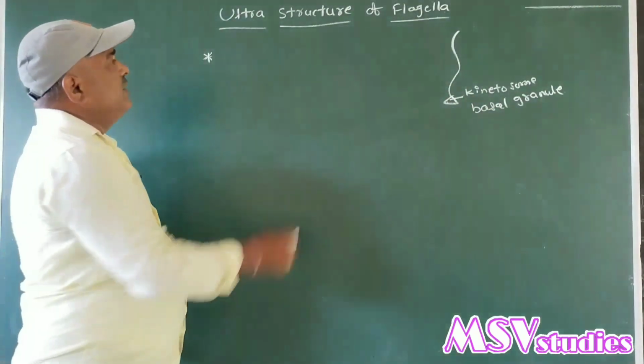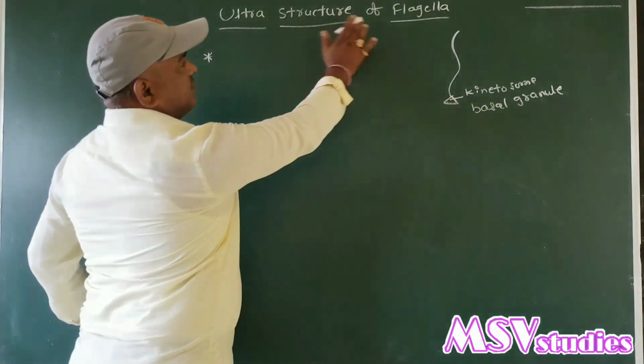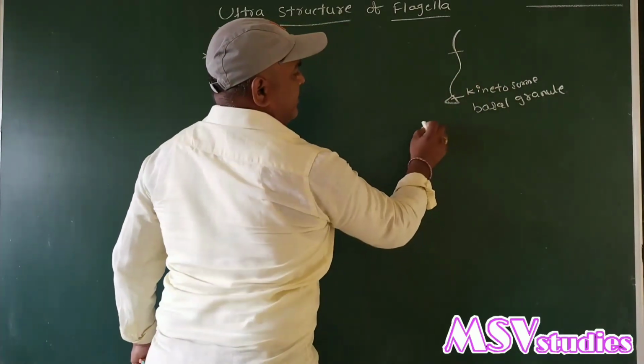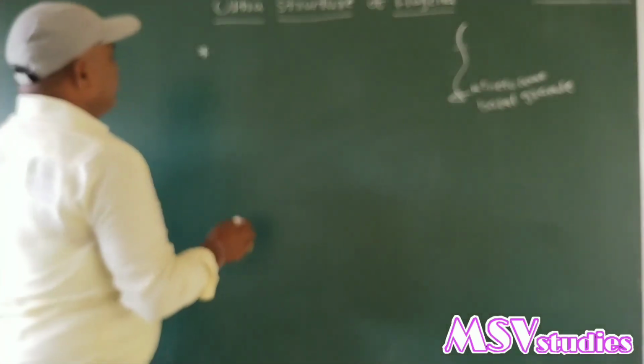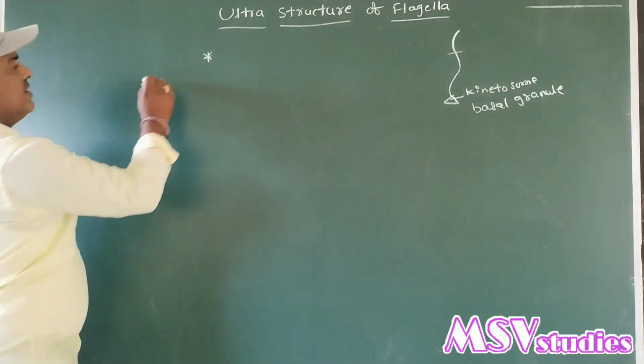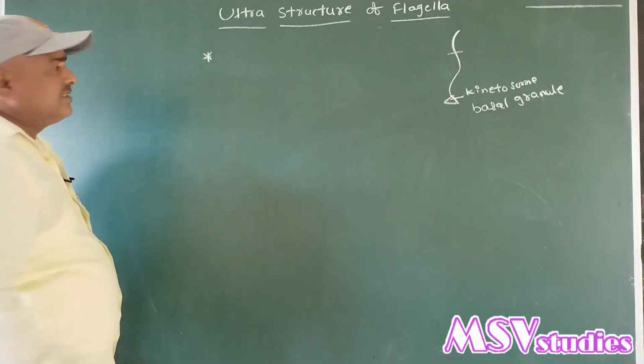Okay, so today we discuss the ultrastructure of flagella, the TS of flagella. The TS of flagella consists of 6 important components.